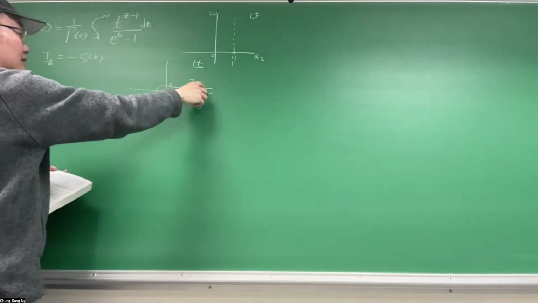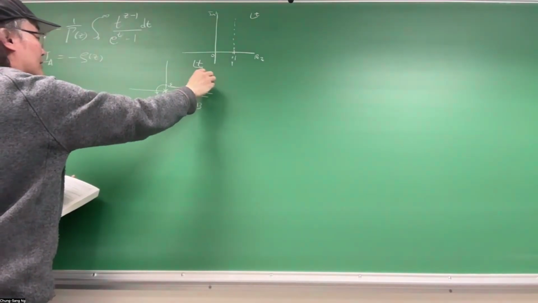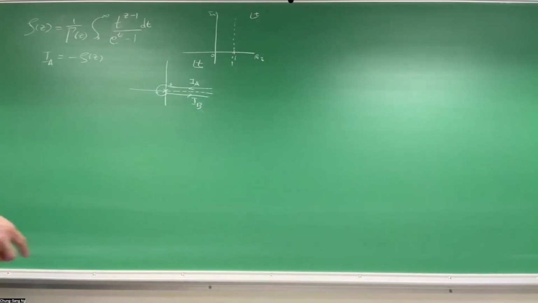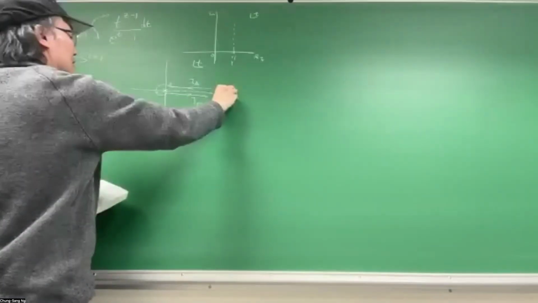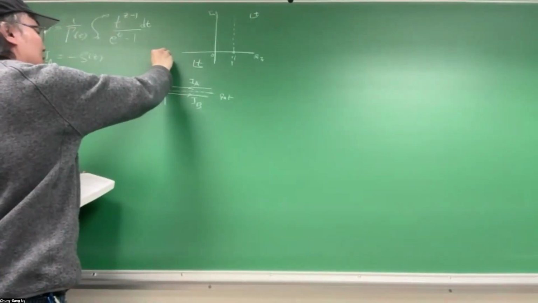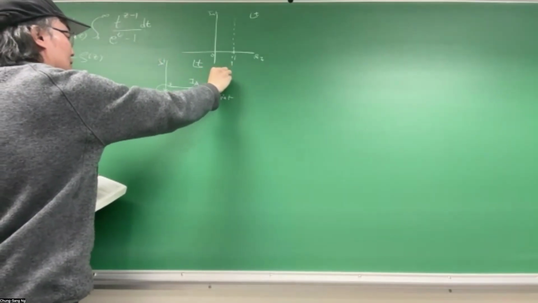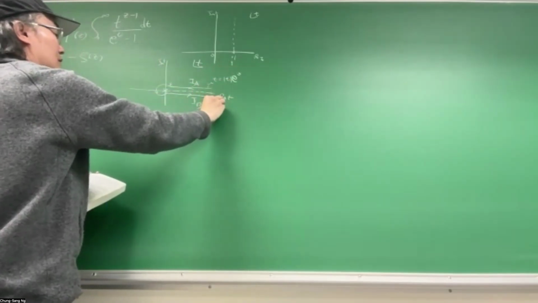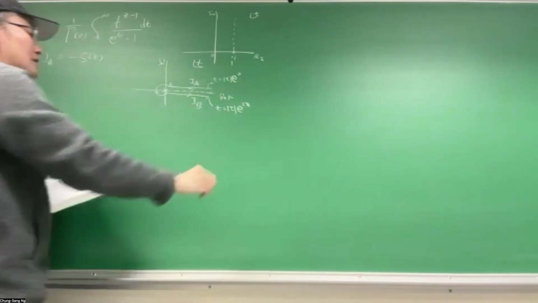And the phase angle is chosen to be 0 here. So for the complex t, this is real t, this is imaginary t. Along this line, t is absolute t e to the 0. Along this line, t is absolute t e to the 2 pi.